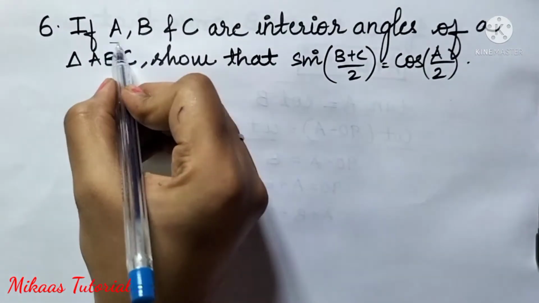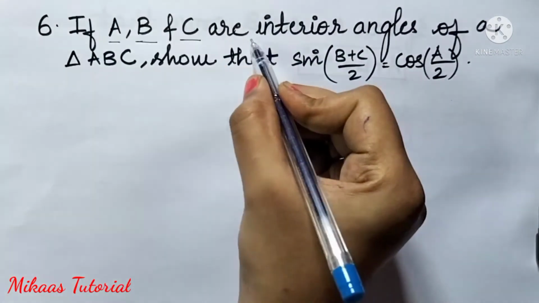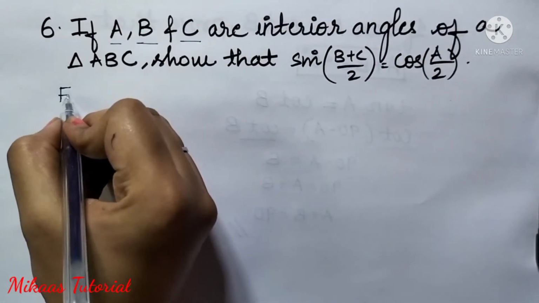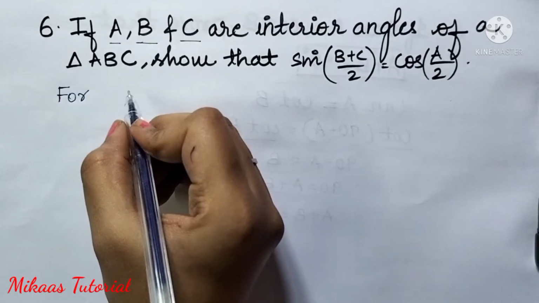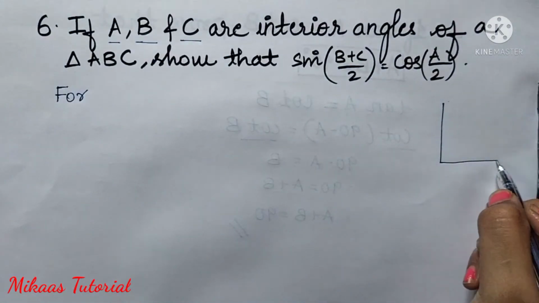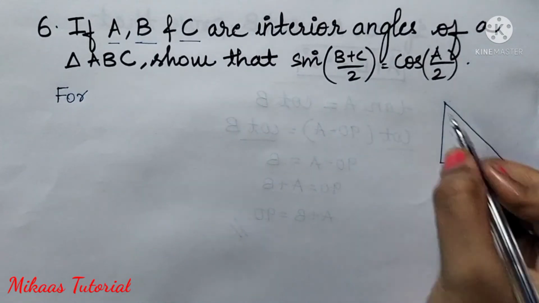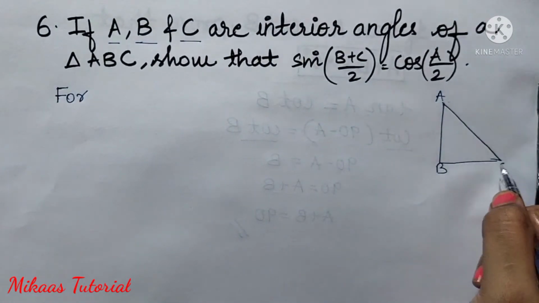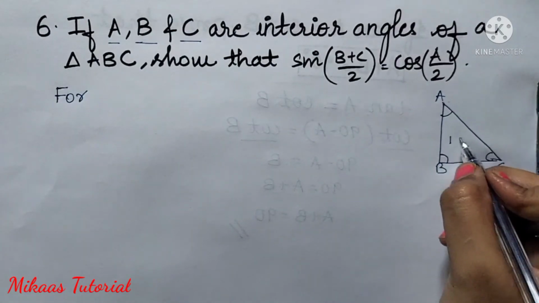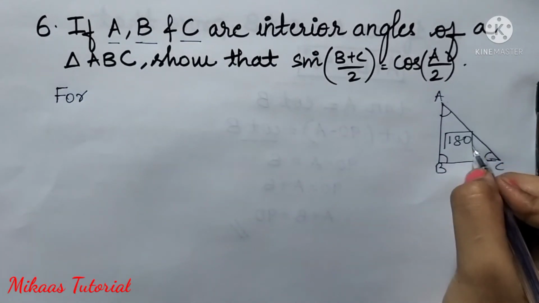It is given that A, B, C are interior angles. For a triangle, I'll show it with an example. This is a triangle, A, B, C. All three angles of this triangle will sum to 180 degrees.